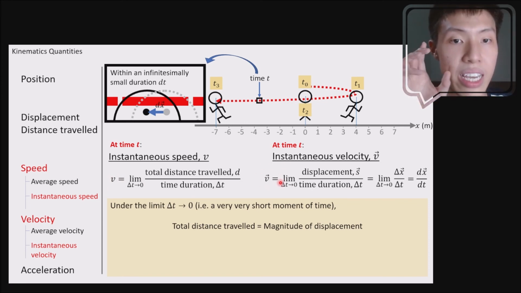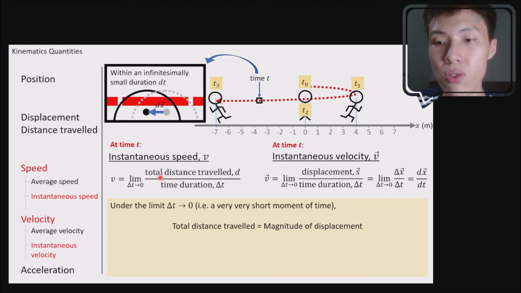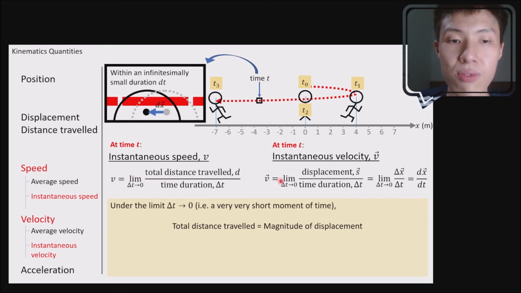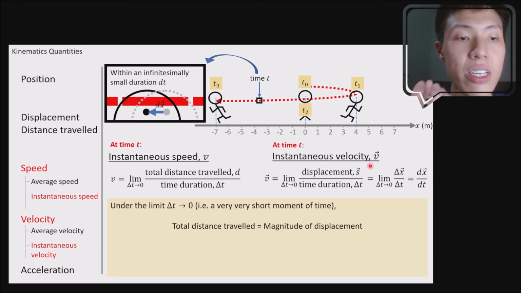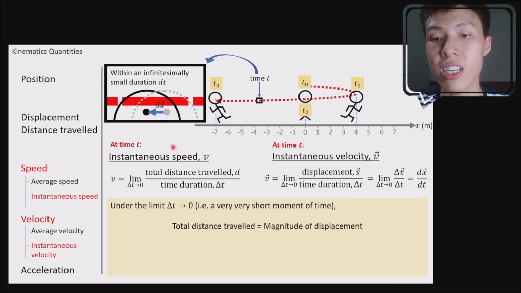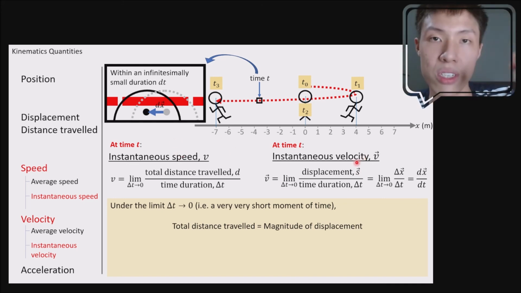Just that instantaneous velocity also needs to include direction. Okay, the magnitude that you get for speed and instantaneous velocity will be the same because the total distance traveled will be the same as the magnitude of the displacement. So the magnitude of instantaneous speed and instantaneous velocity will be the same, just that for instantaneous velocity you also have to include direction.